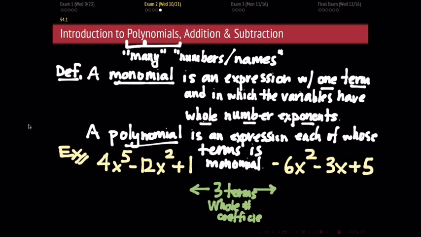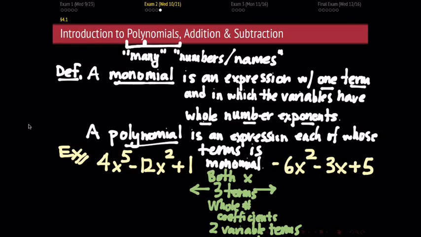What else? Jordan? They have two variable terms each. Okay, so whole number coefficients, two variable terms. Anything else? One of the things that jumps out at me is that the variable is the same in both. They both have x as the variable. So there are a lot of similarities between these two polynomials.